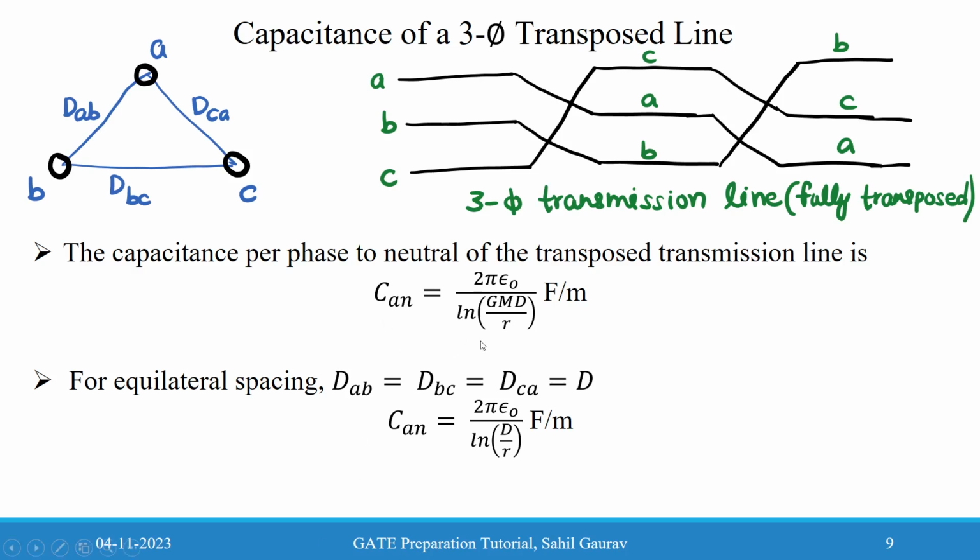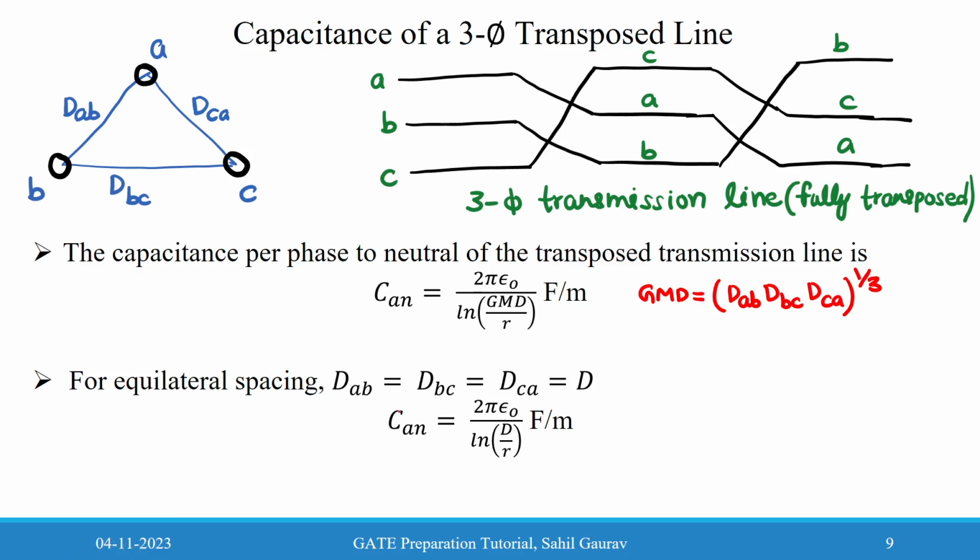So you can write the capacitance per phase expression like this for a transposed transmission line, and here GMD is DAB DBC DCA to the power 1 by 3.